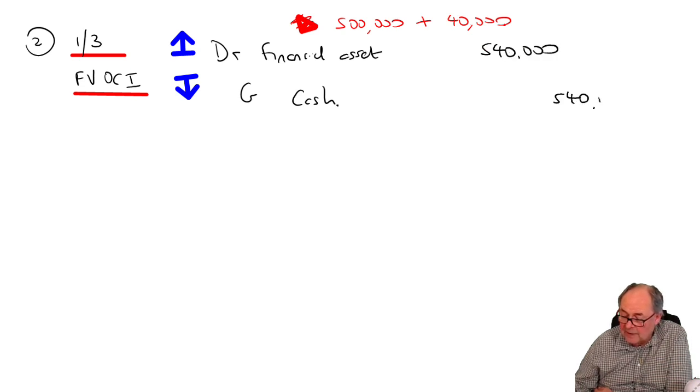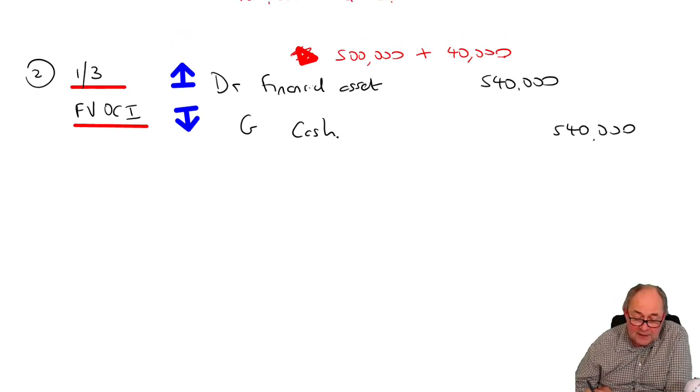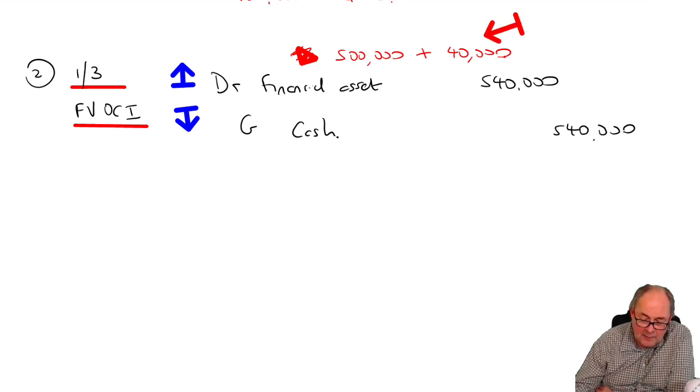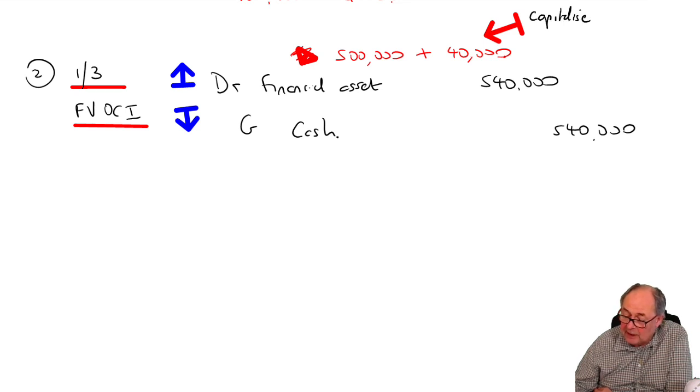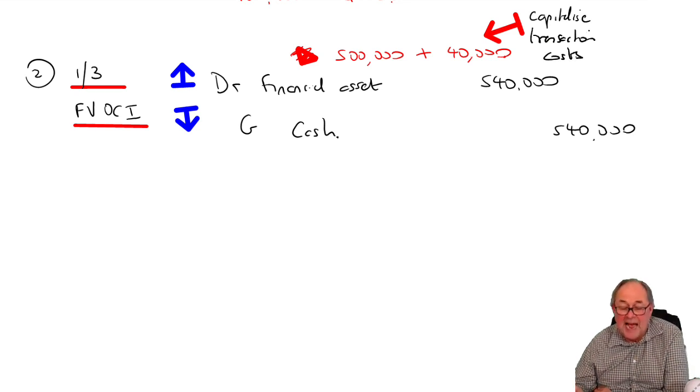Cash is the other side of the entry, and we would explain that these transaction costs now are being capitalised. So there we are. I'm just writing against that, capitalise the transaction costs. Capitalise means add them to the value of the asset.